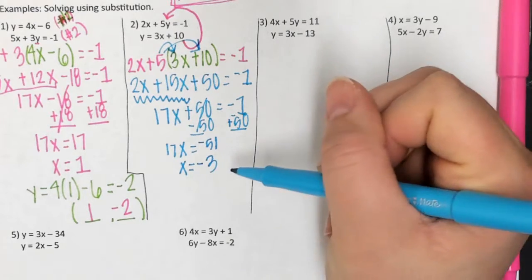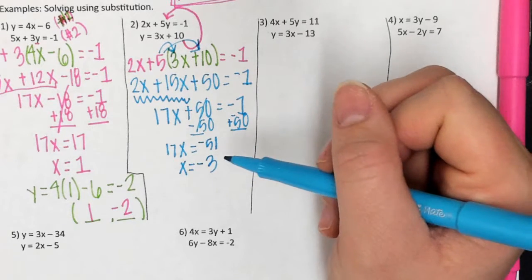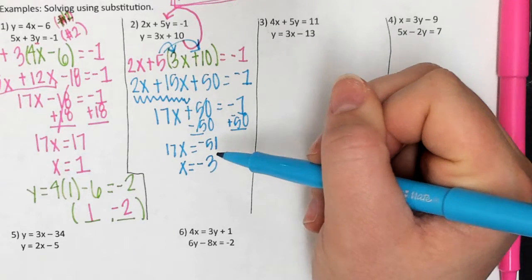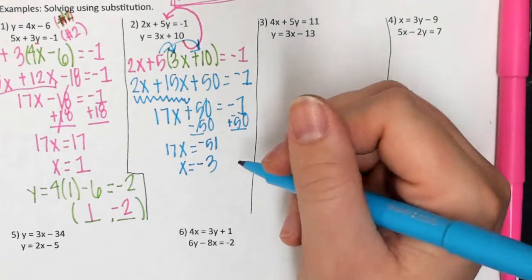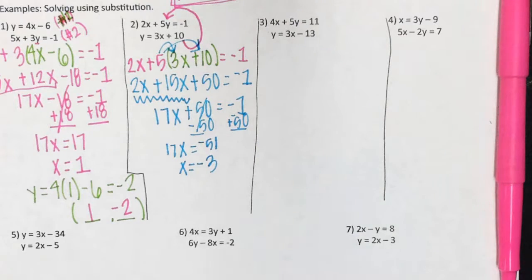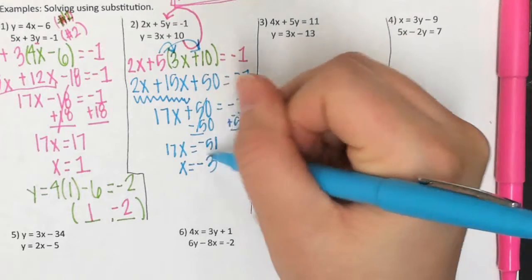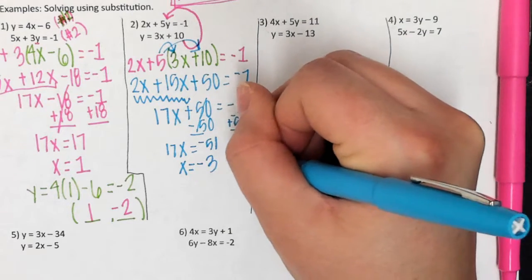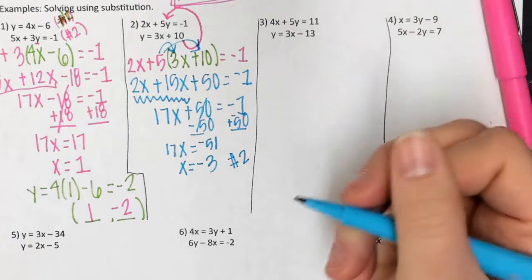If you get this far, it's not going to be no solution or infinitely many. If you get one of your variables to solve for something, it is going to have an ordered pair. So I know x, but I need to know y. So I can take x and plug it back into equation number 2 to solve for y.